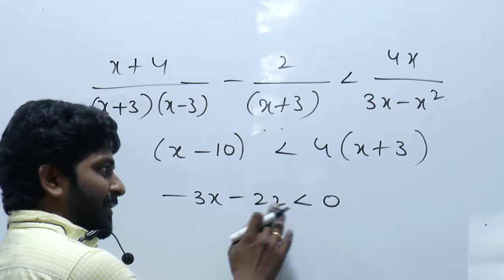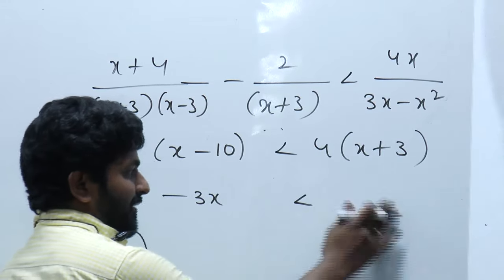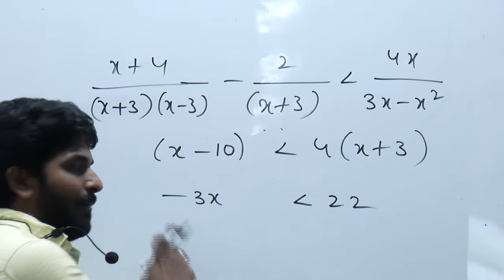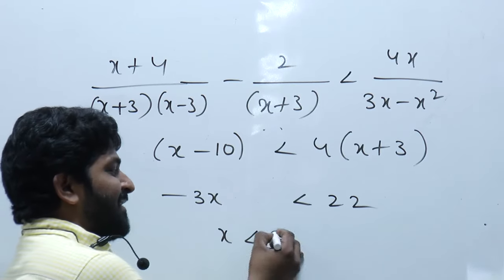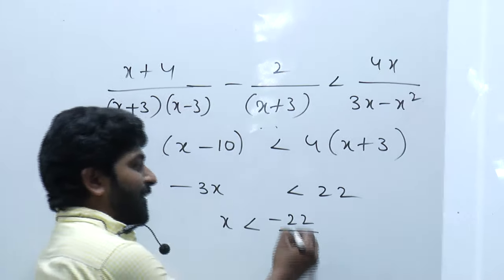Wait, keep this number on the right hand side only. Minus 3x is less than 22. So x is less than -22/3.